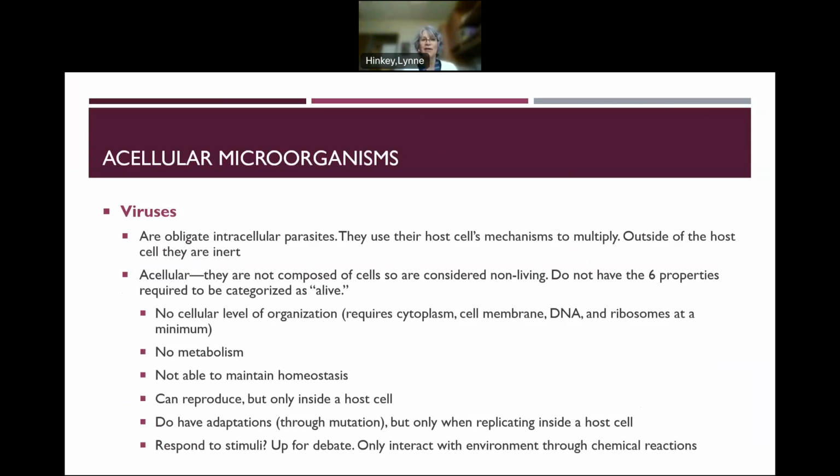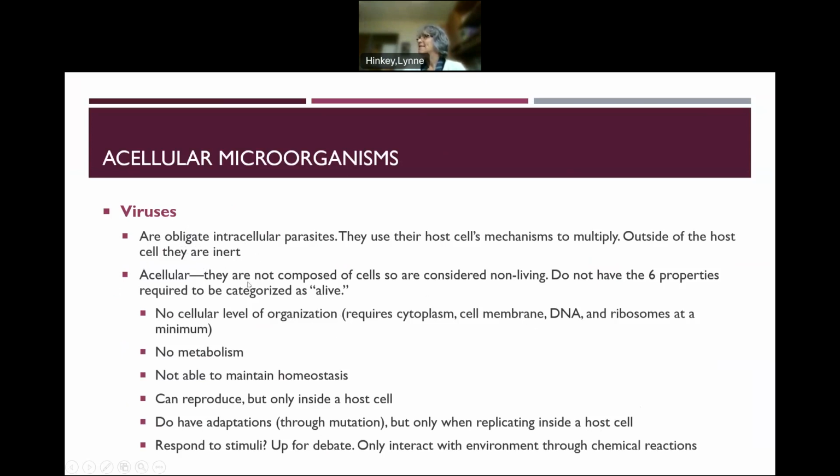Oftentimes you'll see them referred to as obligate intracellular infectious chemical compounds because they're not living. They have to use their host cell to multiply. It's that word obligate, means they must be inside a host cell. Outside of the host cell, viruses are inert.